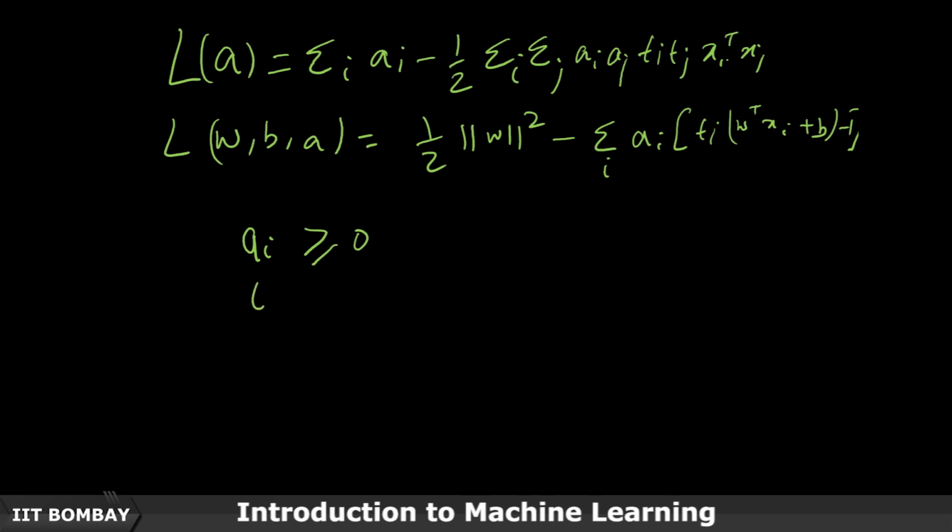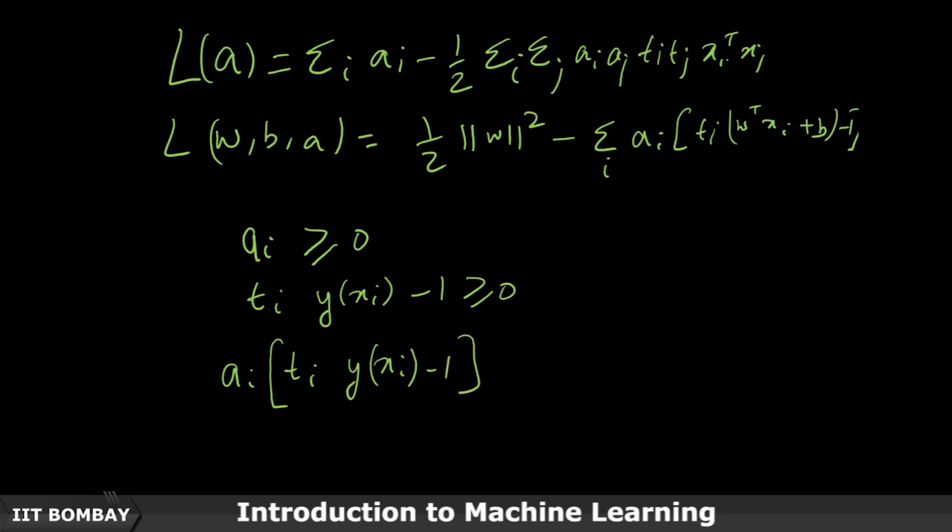Then we will have t_i, the training point label, times y of x_i, y as a function of x_i, minus 1, greater than or equal to 0, and the two together, a_i times that, will be equal to 0. So these are the three conditions that will be satisfied for this formulation of SVM.